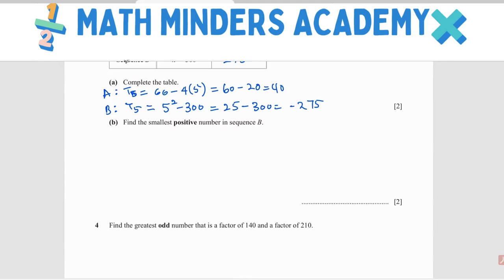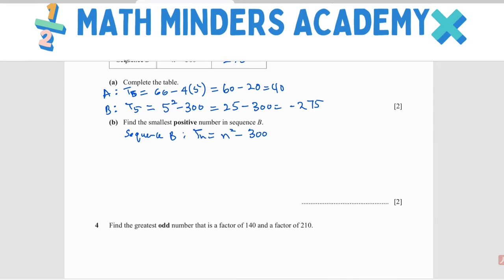So the B part says find the smallest positive number in the sequence B. Note that for sequence B, the nth term of this sequence is n squared minus 300. Okay, now we are looking for the smallest positive number in this sequence.